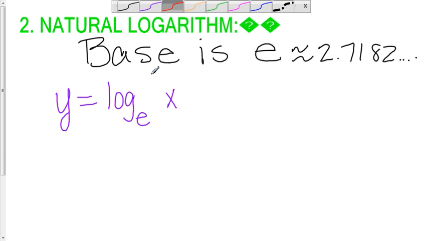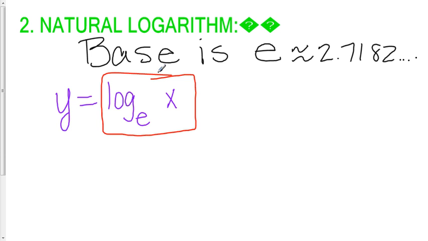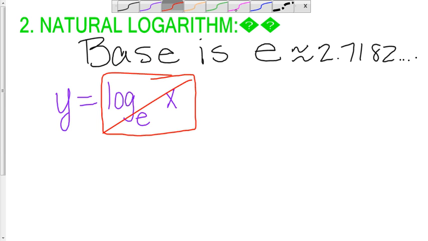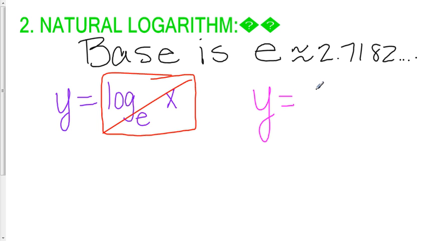But because it's a special type, this will never be written. Instead, they will write this one as y equals ln of x. That's an L, that's an N. Natural logarithm, written backwards. So log au naturel. That's how you remember it. The base for it is e.